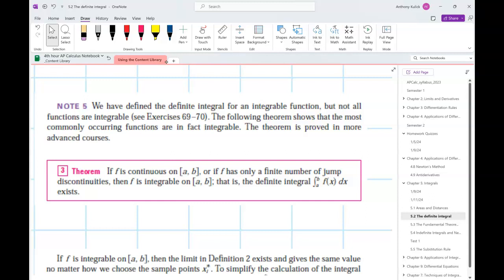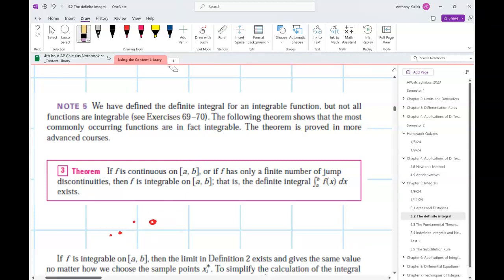Now you could have a step function, and if you go from 0 to positive infinity, that has an infinite number of jump discontinuities, but it's not a closed interval, right?